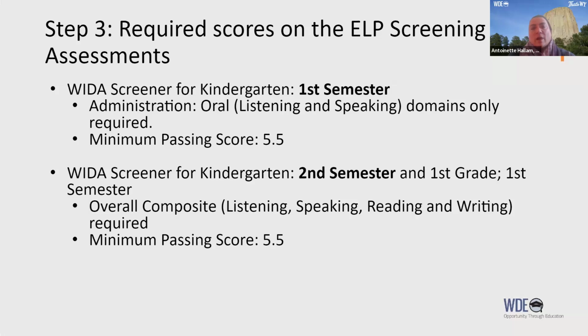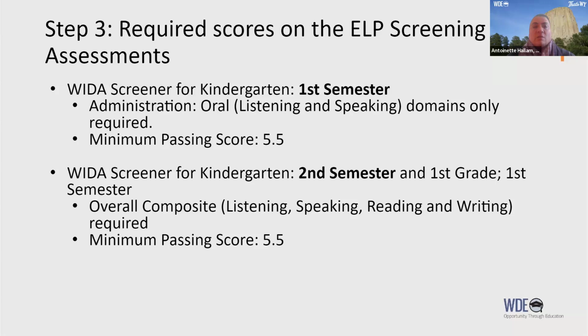Now let's look at the required scores for the English language proficiency screening assessments. This step outlines the specific assessments used for different grade levels and the minimum passing score necessary for identification as an active English learner. For kindergarten, we have the WIDA screener for kindergarten first semester.